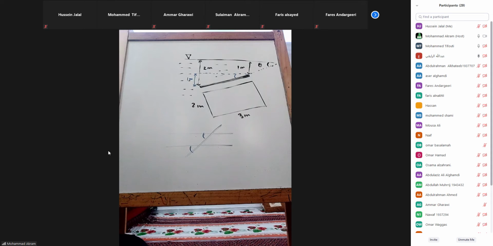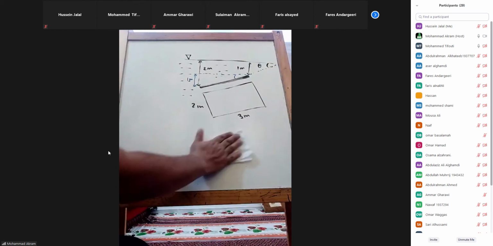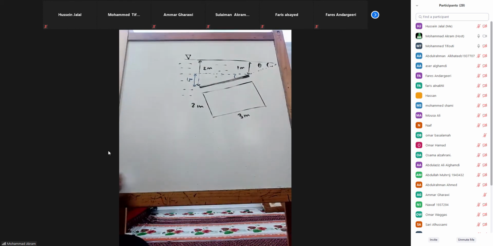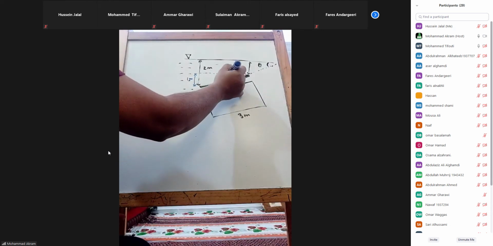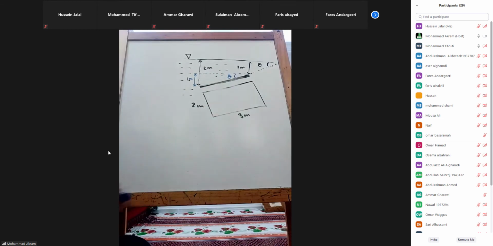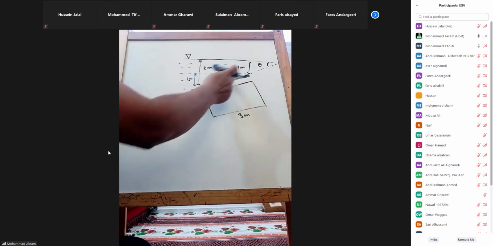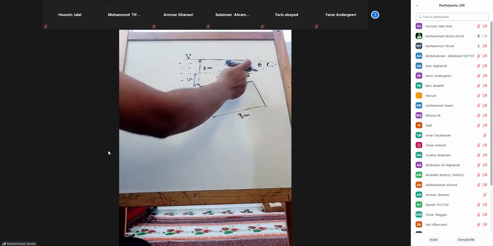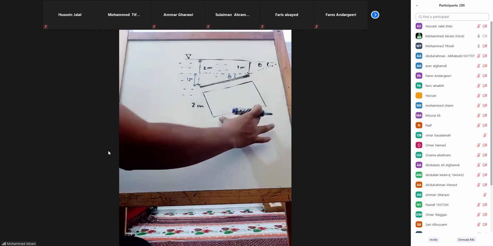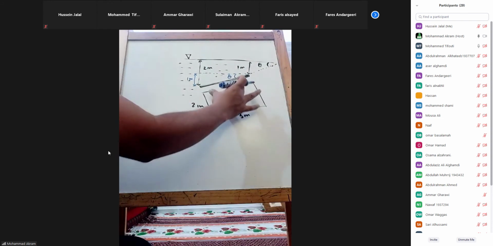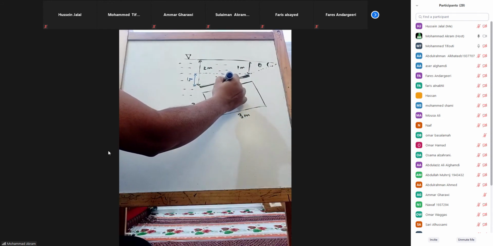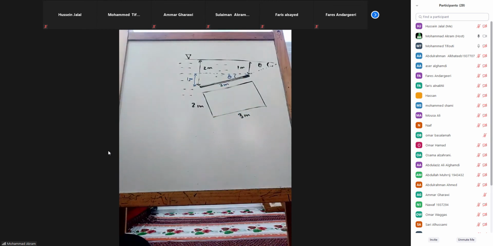Okay, this is called as corresponding angle. Okay, so this is theta. Okay, and what is the length of this line? It is this side, right? So this is 3 meters. Am I right?